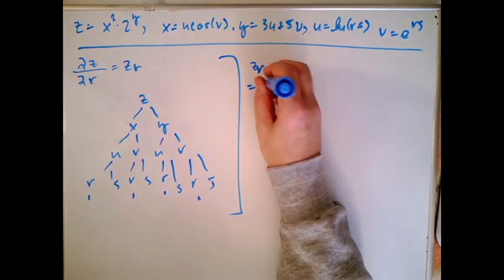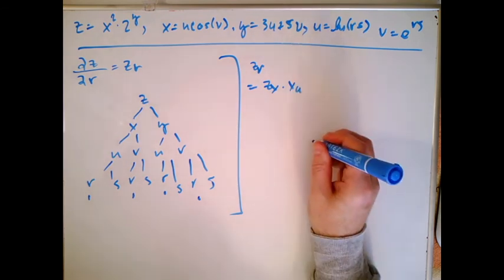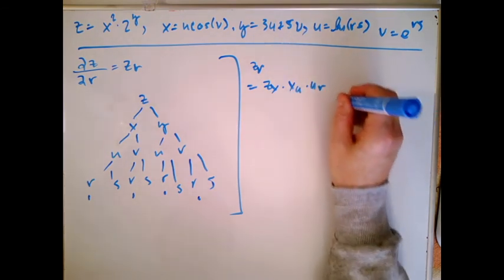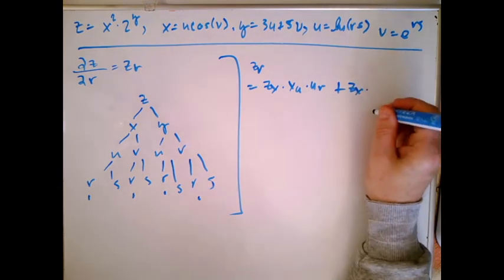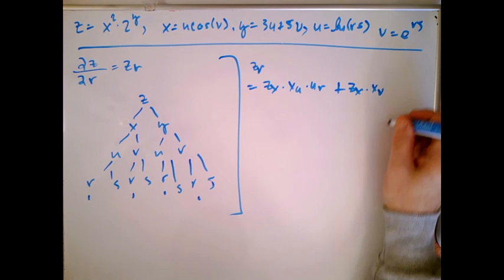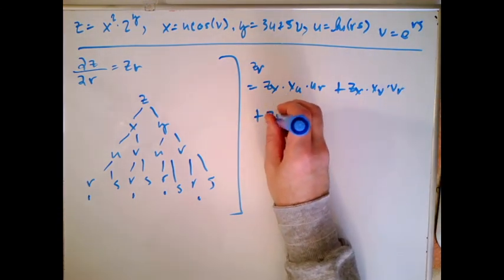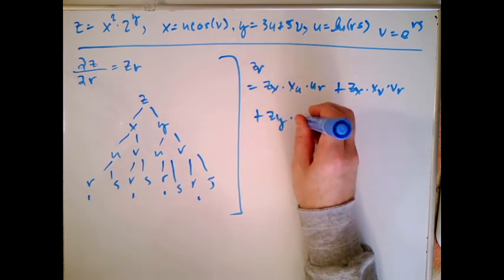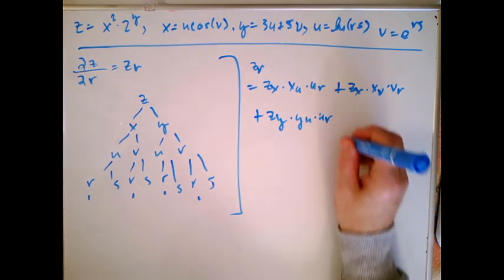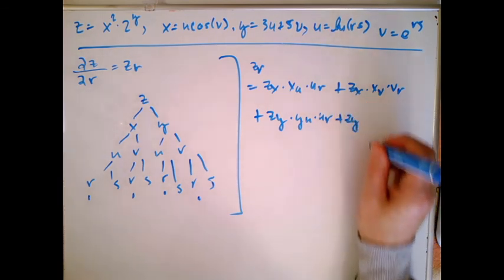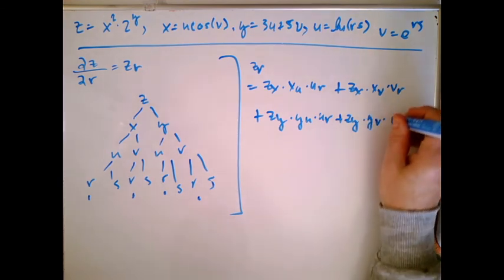The first path should be z_x, and then x_u, and then u_r, plus the second path is z_x times x_v times v_r. The third path is z_y, then y_u, and then u_r, and then z_y, and then y_v, and then v_r.